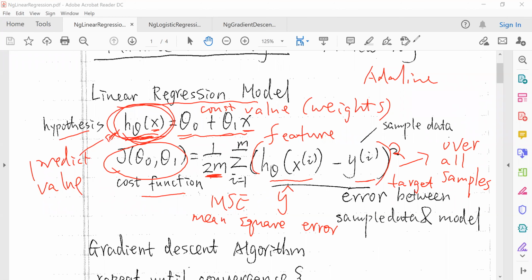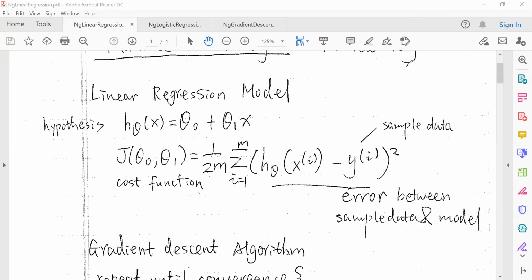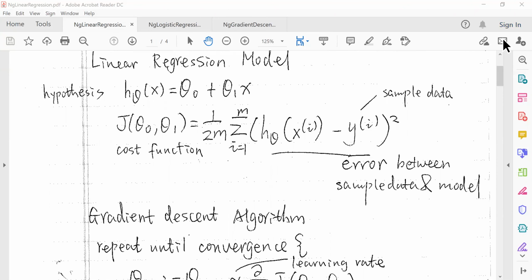And then a similar idea: if you want your model to be very precise, then we should minimize the cost function.